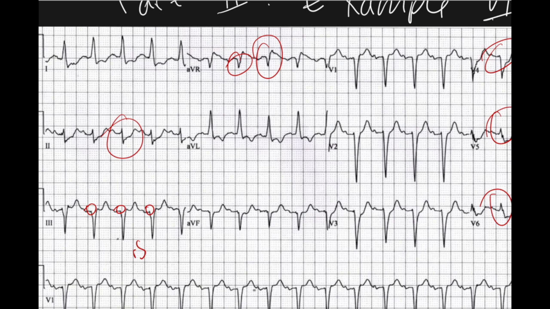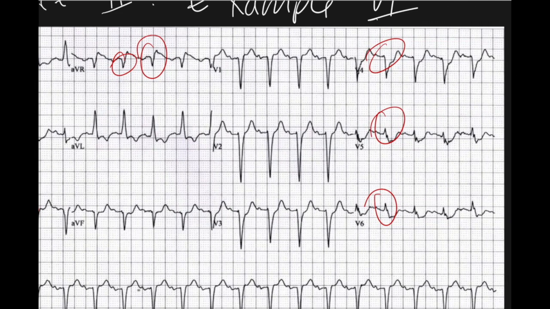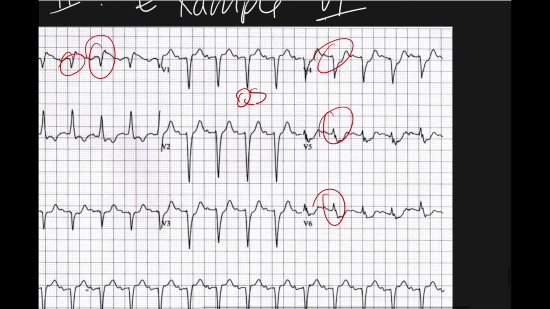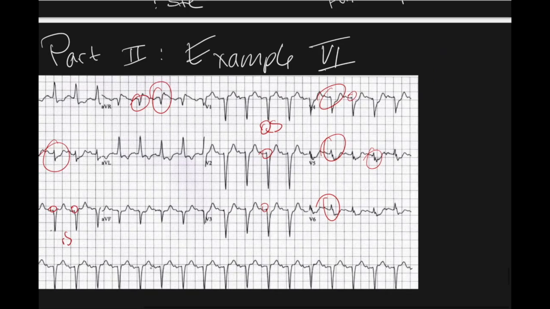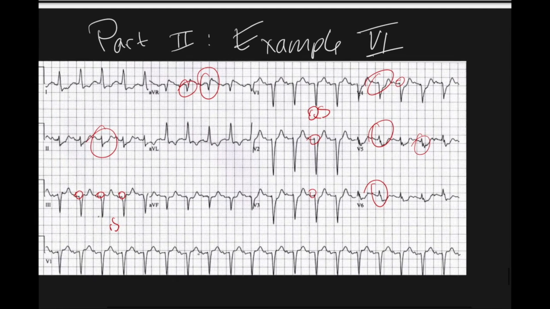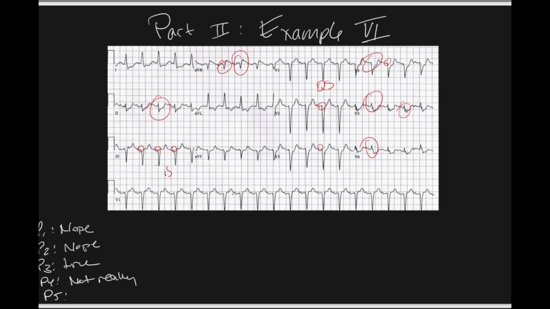AVR has some Q waves, but again, that's normal. These look like QS complexes. These have definitely little R waves. These are fragmented. So I would say, actually, in terms of the Q waves, we are good.